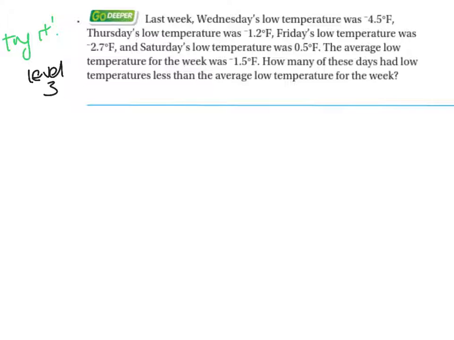Okay, so my average low temperature was negative 1.5. So I'm going to go ahead and draw a vertical number line here. We'll put 0 right here. And we'll put positive 1 here. Try to space these out correctly. Negative 1, negative 2, negative 3.